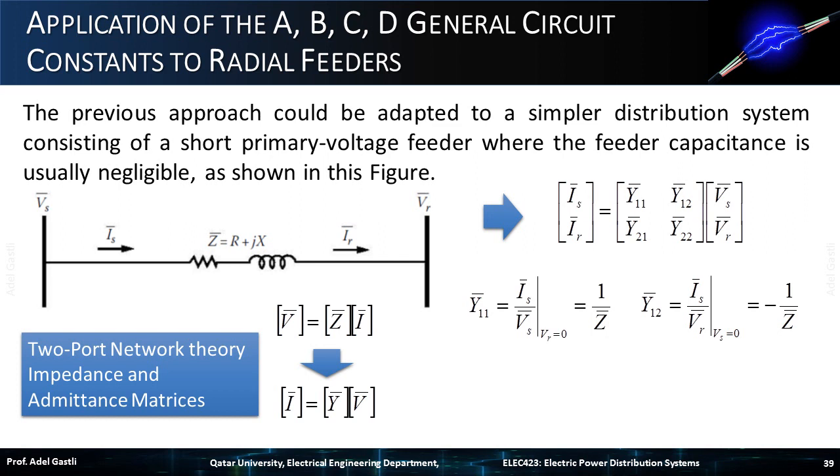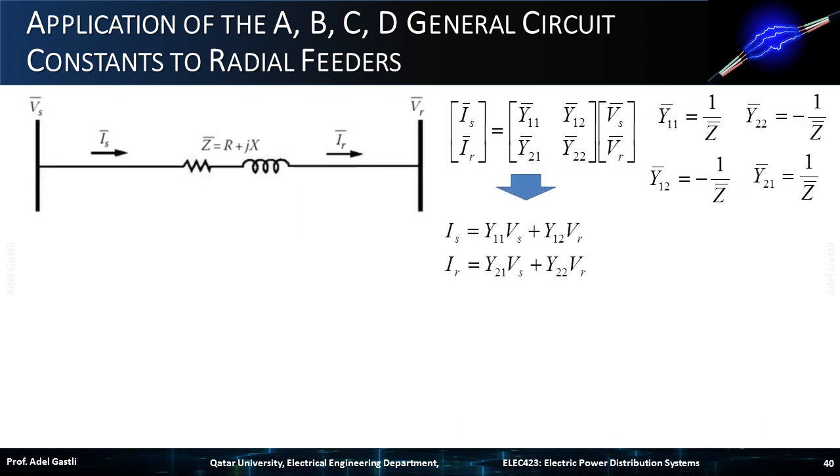Indeed, when Vs equals 0, and applying VR at the receiving end, the current flowing in the feeder should be in the opposite direction of Is and IR. Y22 equals IR over VR, when Vs equals 0, that is Y22 equals minus 1 over Z. And Y21 equals IR over Vs, when VR equals 0, that is Y21 equals 1 over Z. From the previous admittance matrix equation, we can write the expression of Is and IR as shown here.